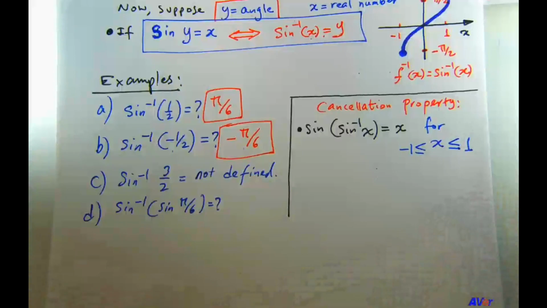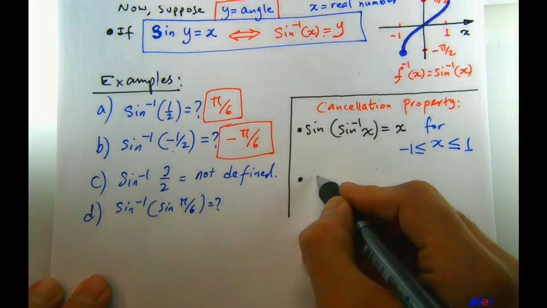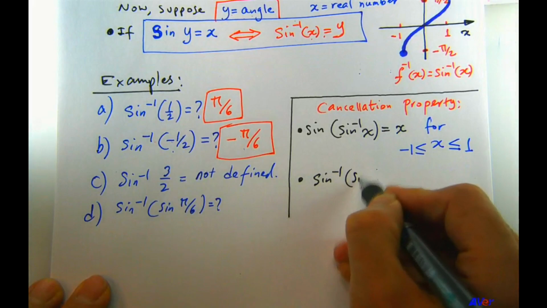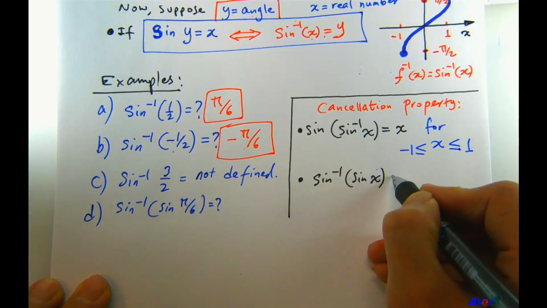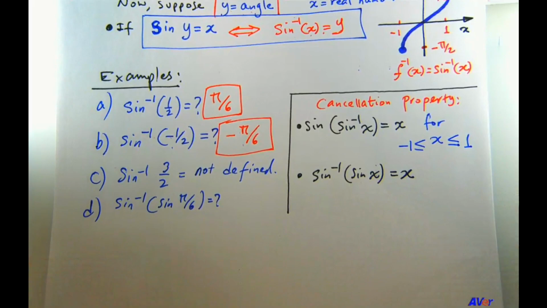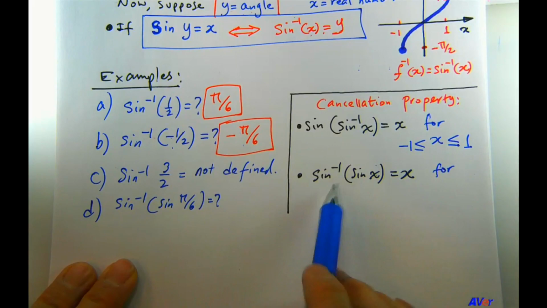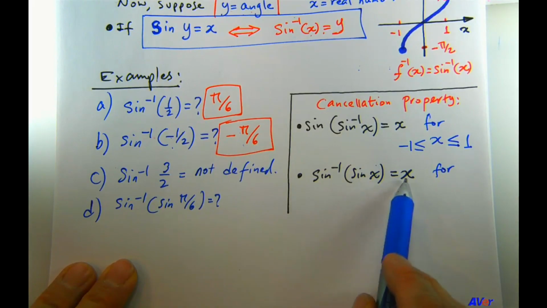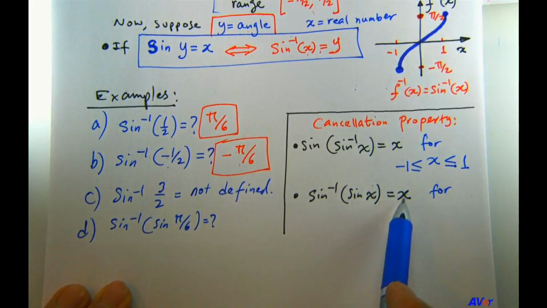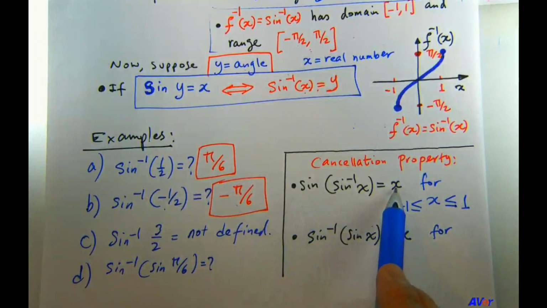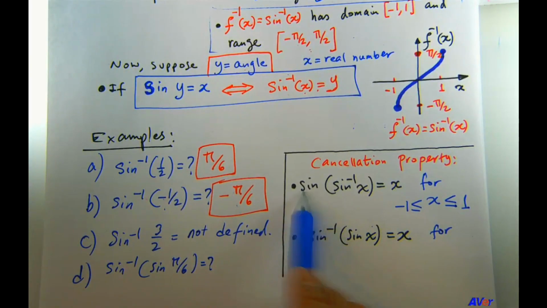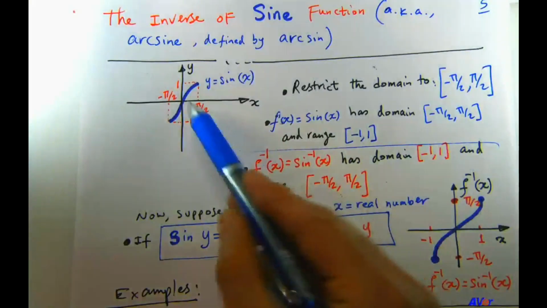By the same token, inverse sine of the sine of some value is also equal to x. And this is, we're talking about the range here, right? This is talking about the range of the sine function, which cannot be beyond negative 1 and 1, which is what we established here in this graph.